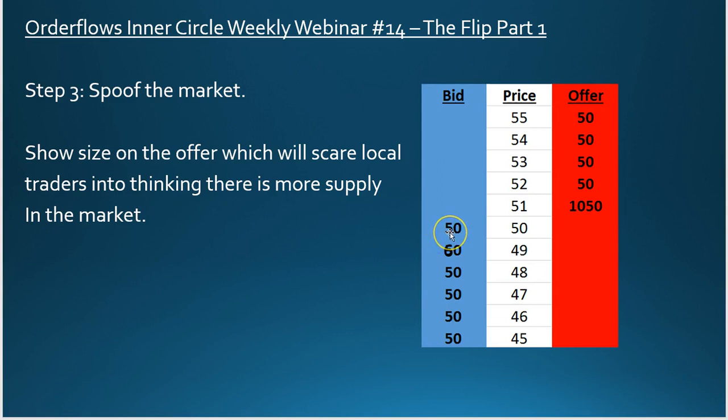They'll see that, and instead of bidding 50, they'll go down to 49 or 48. They're not going to sit right in front of a freight train, because if this seller comes in with another order right here, boom, it'll be offered at 49, offered at 48, and just go lower.